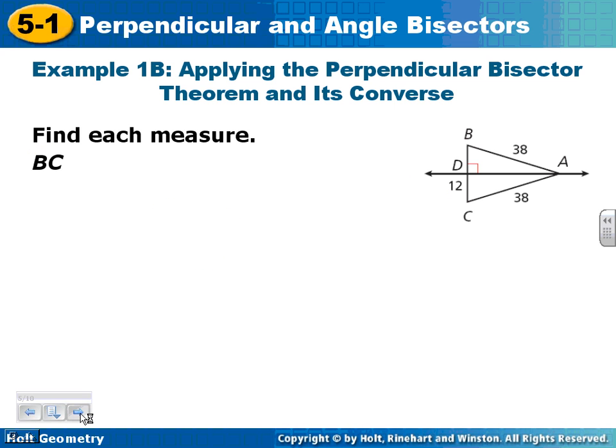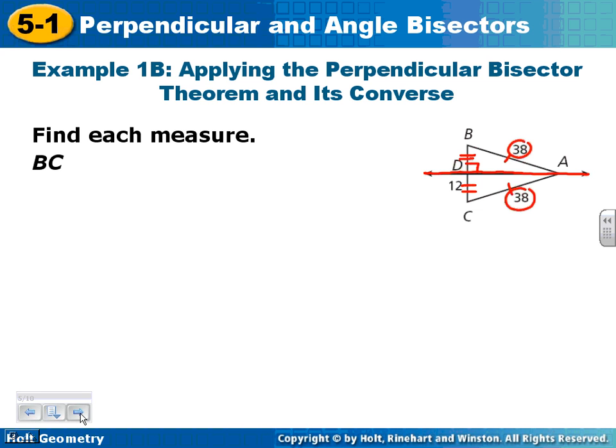If you look at the next one, find each measure. Find BC. This time, I'm given 38 and 38, which means tick mark, tick mark. Since that's the case, I can assume this is my perpendicular bisector. Right angle, so I can put a tick mark there and a tick mark there.